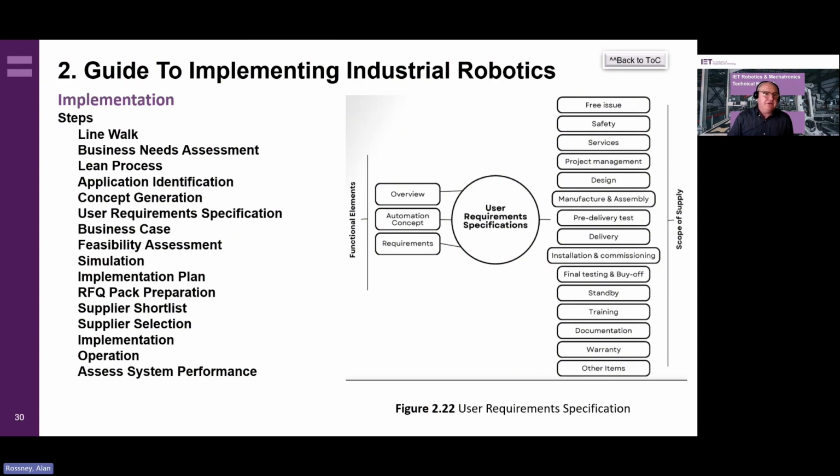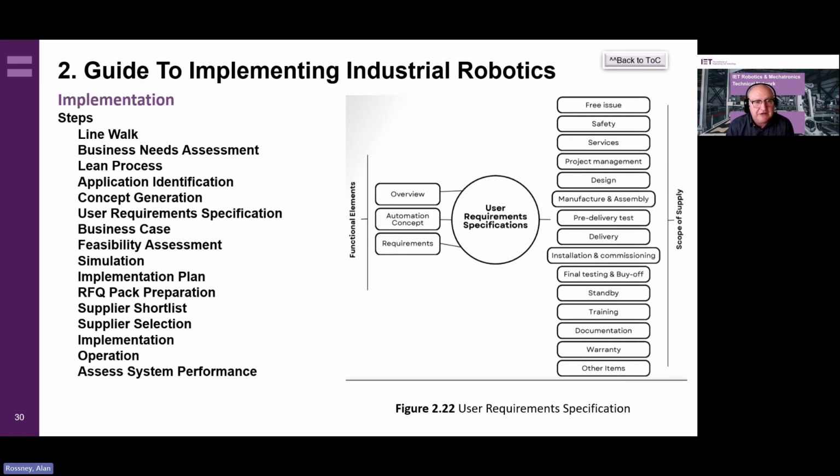So once you've sent out your request for quotation, you'll get the quotations back. You'll carry out a quotation review, which is an appraisal of the proposals received from the potential suppliers. And remember, this isn't just an equipment quote. This will potentially be a design, and there's a technical assessment that's needed on that as well as a commercial assessment.